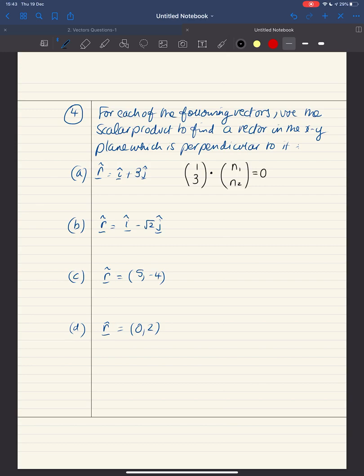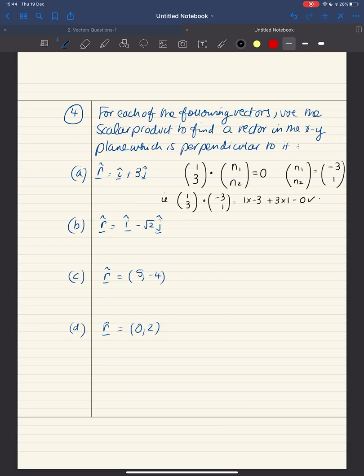So the way that we can do this, we can have n1, n2 as minus 3 and 1 there. So basically you swap these numbers round, and this is for the 2 by 2s, which is these ones here. Swap the numbers round and put a negative on one of them. Doesn't matter which one. There are many answers for this. There, 1, 3 dot minus 3, 1: 1 times minus 3 plus 3 times 1, which does equal 0.